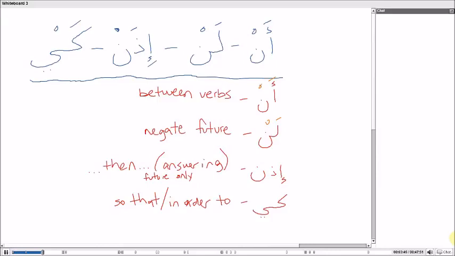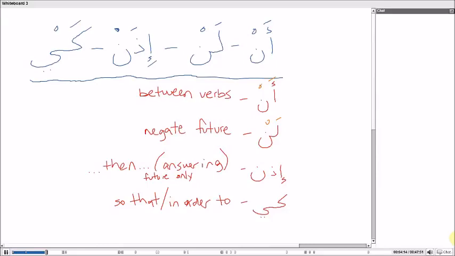And we said lan, and let me see if I can see the example real quick in the book. For example, for lan would be lan akdhiba, I won't lie. Lan akdhiba. Or lan adriba al-qitta, I won't beat the cat.